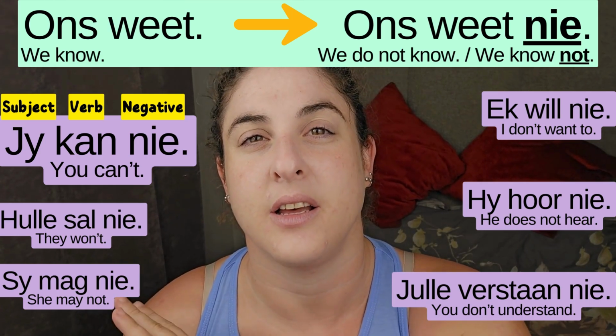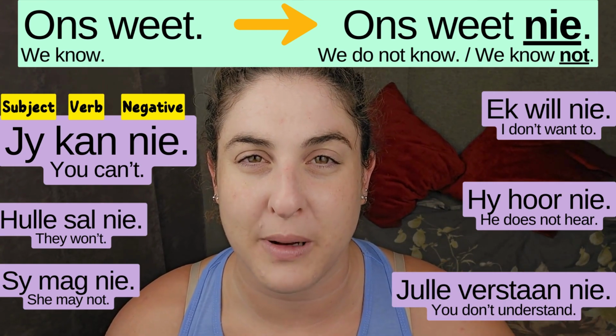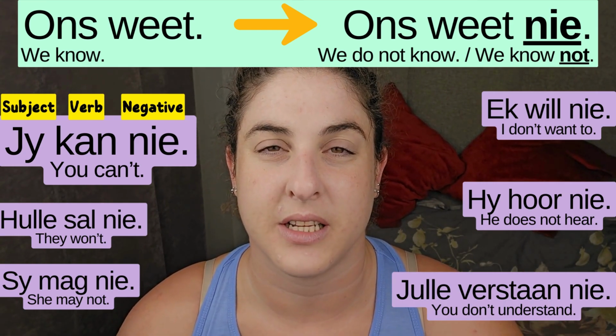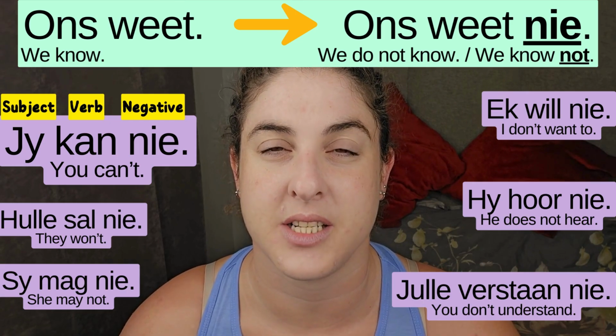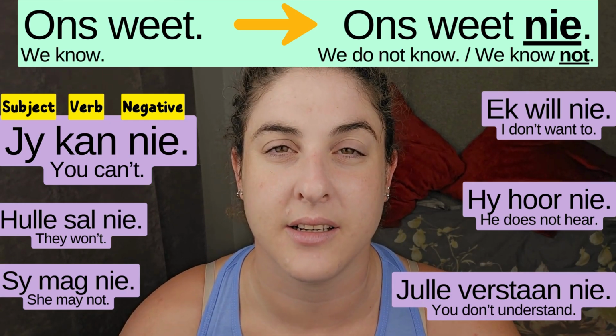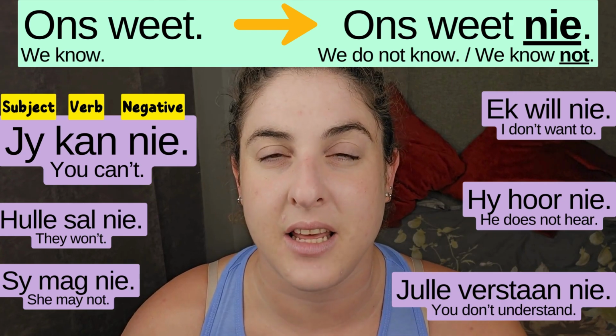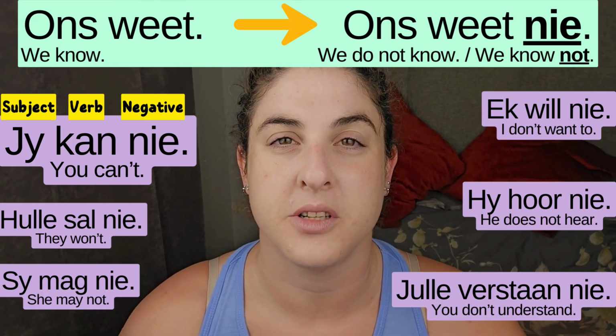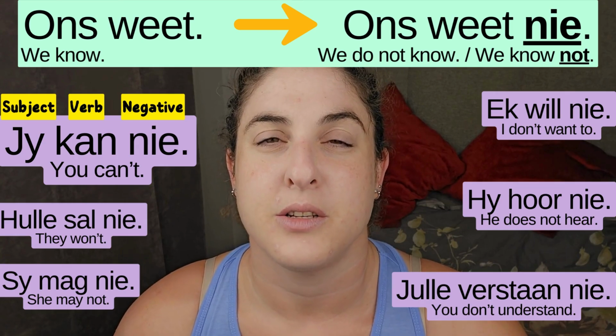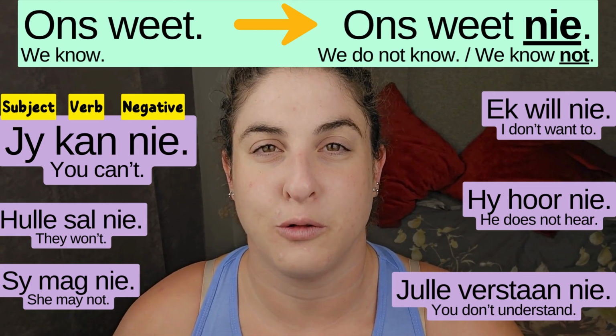Ek weet nie. Now if you look top left, there's an example that I've given that says jy kan nie, which is jy the subject, kan is the verb, and nie is the negative. In the English you'll see you can't, full stop. Or you can not, full stop.